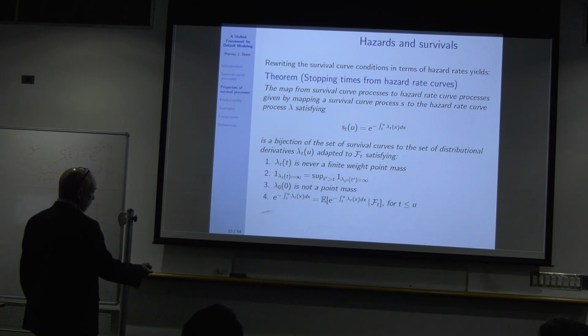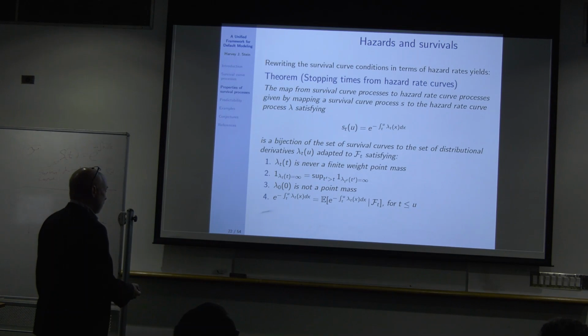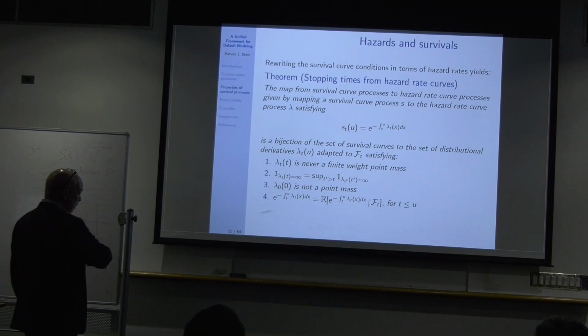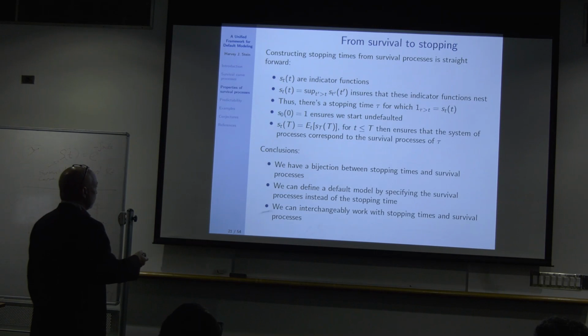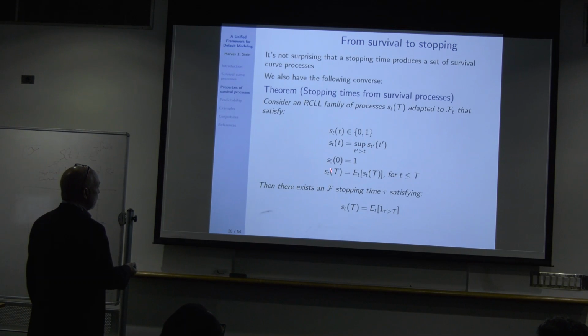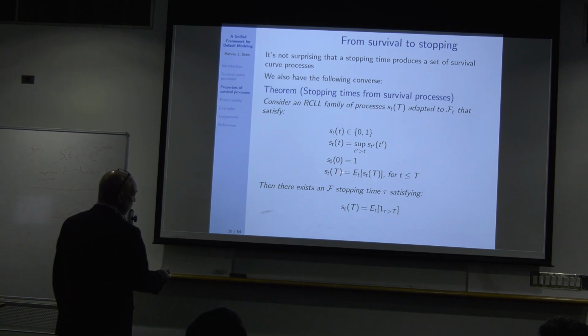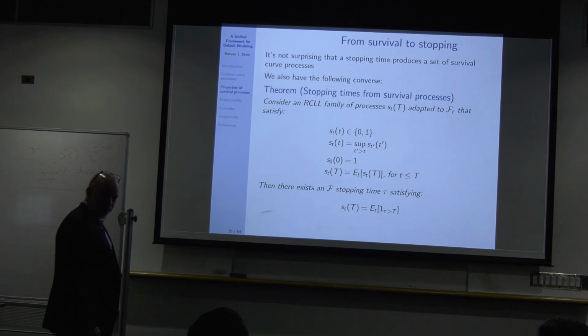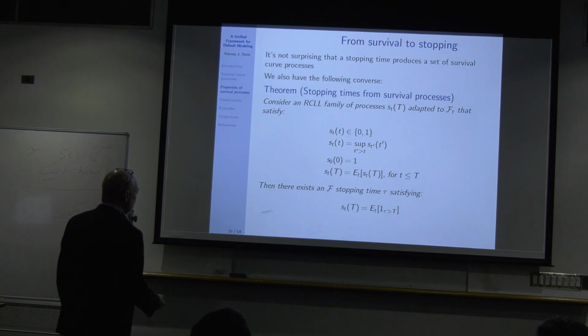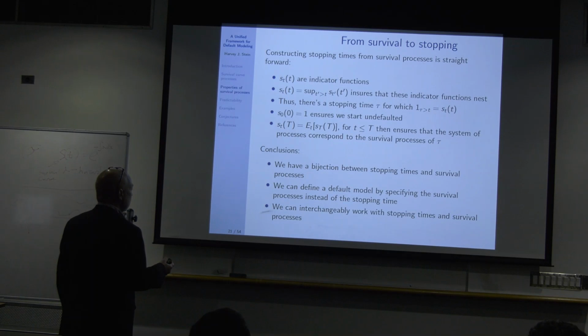Then we just push through the same conditions. The annoying condition is the last. There is a clean way, and we'll get to it. But when you just put it directly, the first 3 of these 4 conditions directly translate to conditions on lambda. For the 4th one, you just have to replace S with e to the minus integral of lambda until we do some more work.